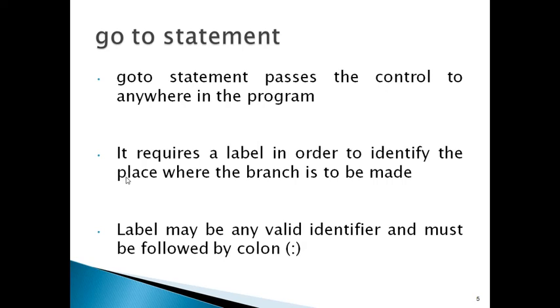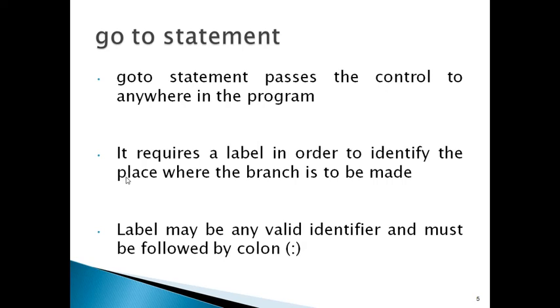To identify the specified location, we give one label to that block of statements to identify where to jump. From here to goto, from here to where to go? If you say to children go, then they will ask where to go, why should I go, like that.